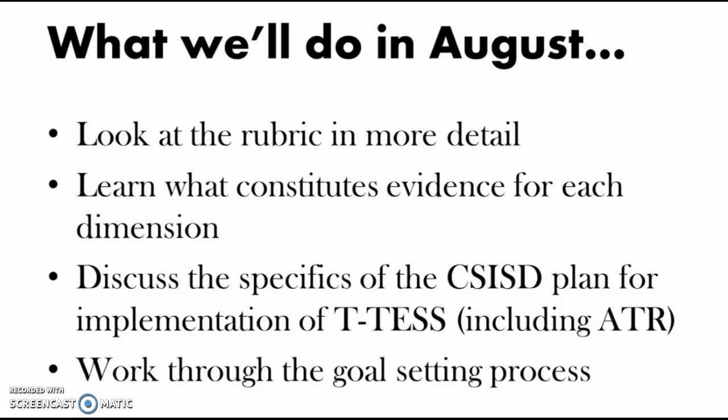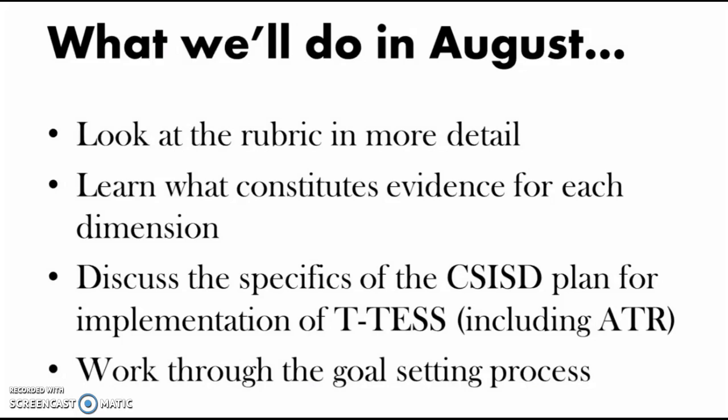So with that, what we will do in August is we will break down the rubric in more detail, just as we did in, I believe it was in April, whenever we were looking at the rubric. We will be working in small groups to have conversations about what T-TESS is, what T-TESS is about, what does it mean for you as a teacher. We will talk about what does evidence actually look like, so what constitutes evidence for each dimension, what are things that we're looking for under those evidence categories. We're going to discuss the specifics of College Station Independent School District's plan for implementation of T-TESS.